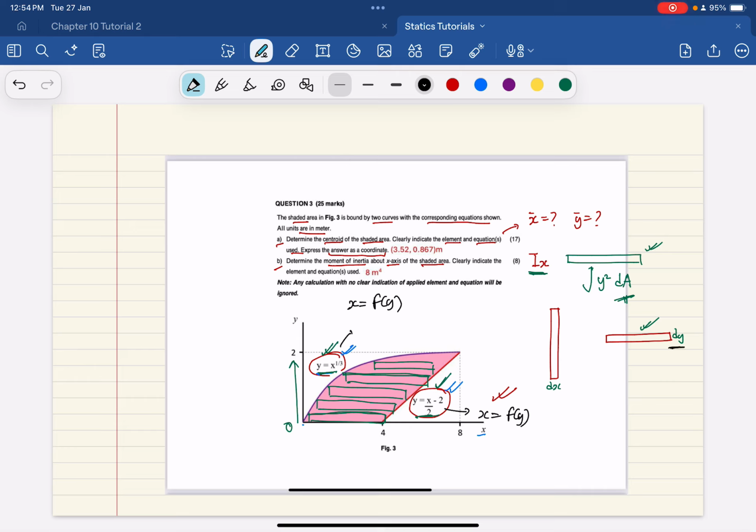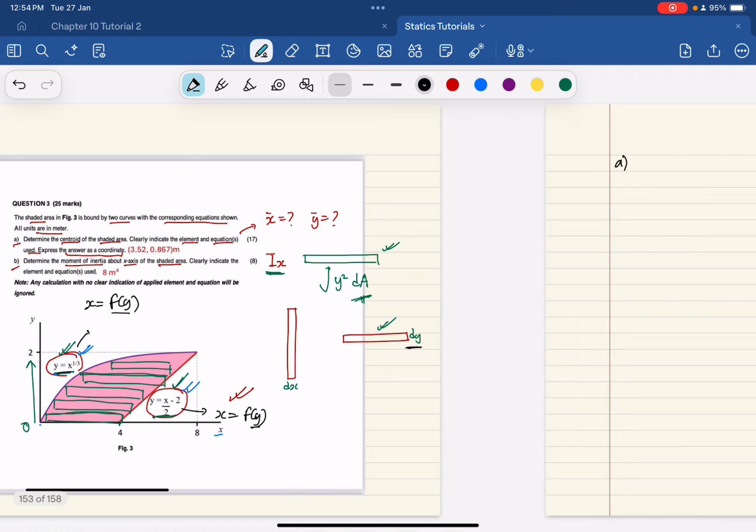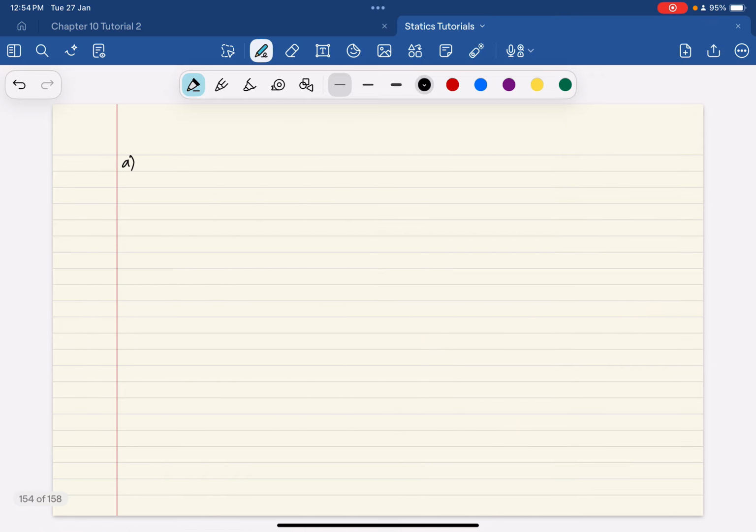So definitely these equations you need to express in terms of a function of y, right? x equals whatever function of y. For this case, the first equation is y equals x to the power 1 over 3.